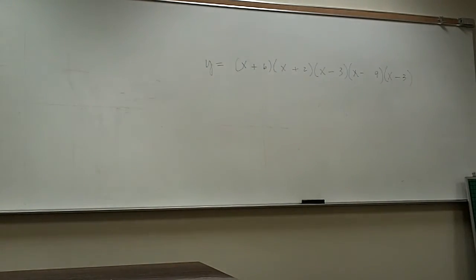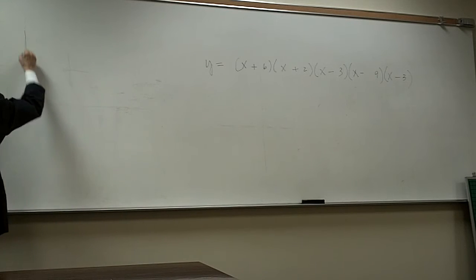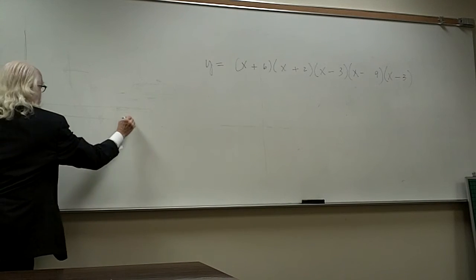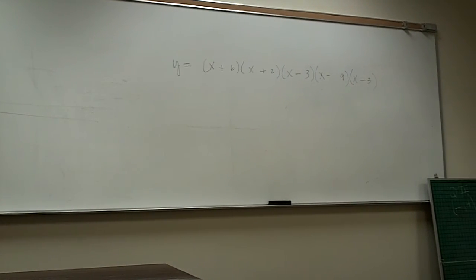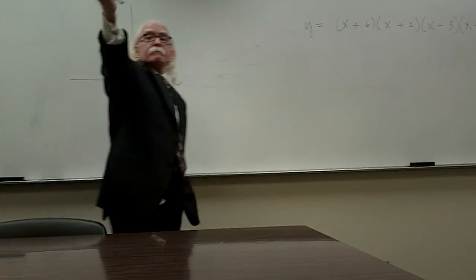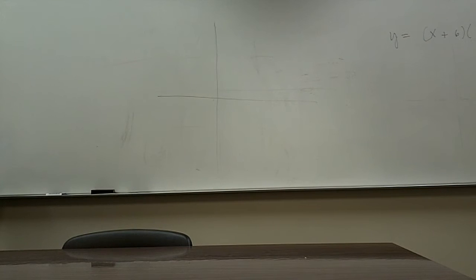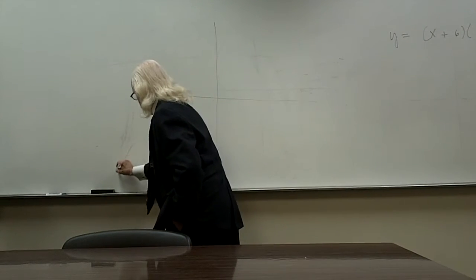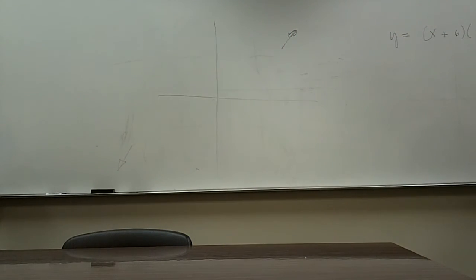Fifth power equation? Everybody agree? Endpoint behavior? Down to the left, up to the right. Everybody hear what he said? Like this, right? So we know it's down over here, up over there.